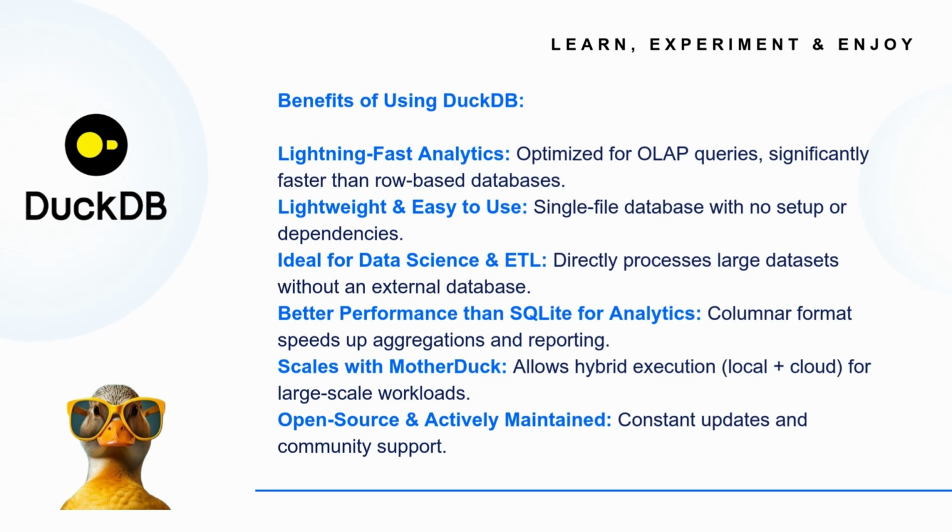When compared to row-based databases, the performance difference for analytical workloads can be enormous. Tasks like aggregations, filtering on specific columns, and running complex analytical queries will execute significantly faster in DuckDB. This means less waiting time and more productivity.